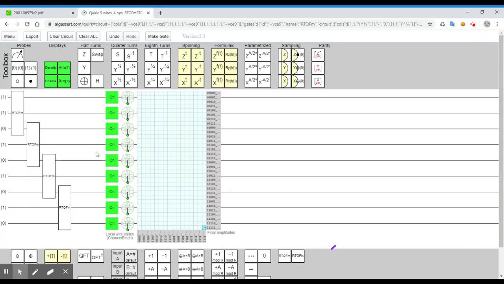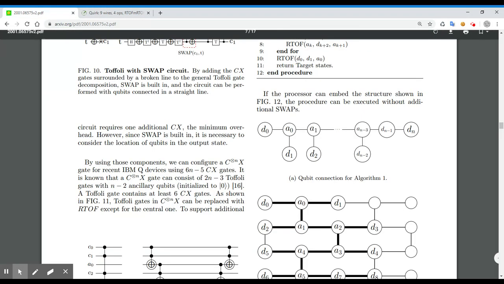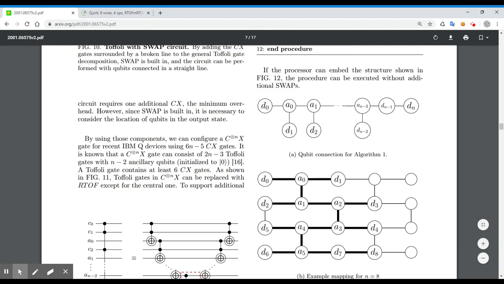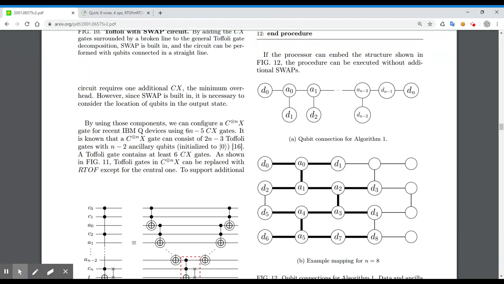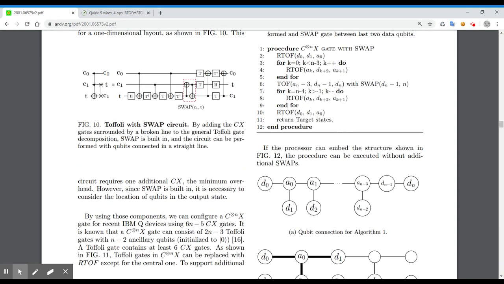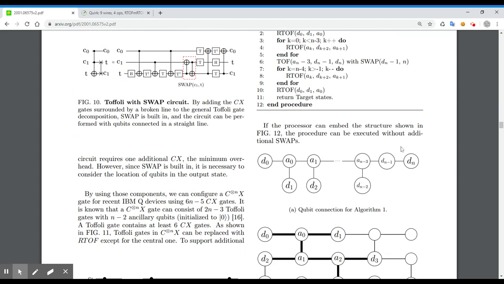Seems to work this way as well. Okay, anyway, that's another open question. Then, if the processor can embed the structure shown in figure 12, the procedure can be executed without additional steps.